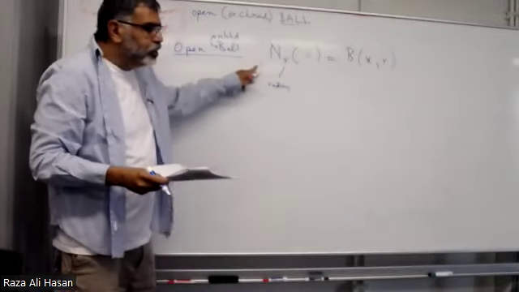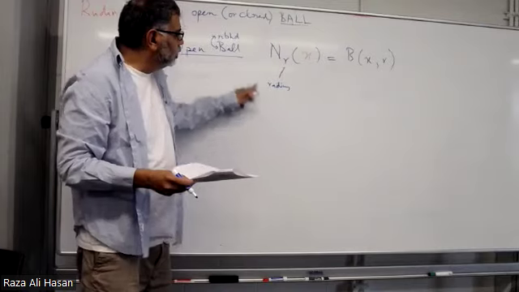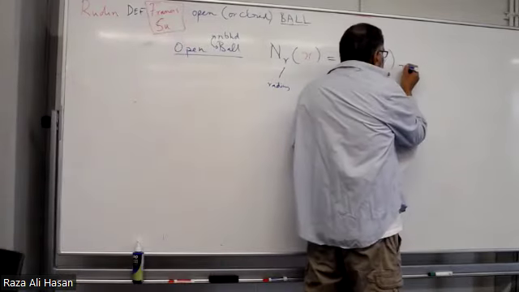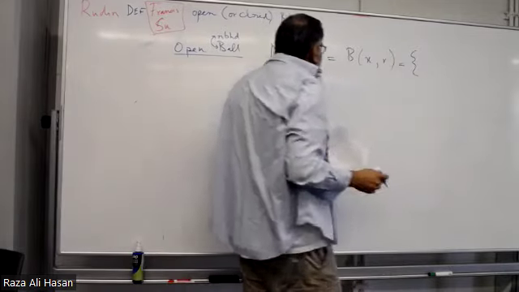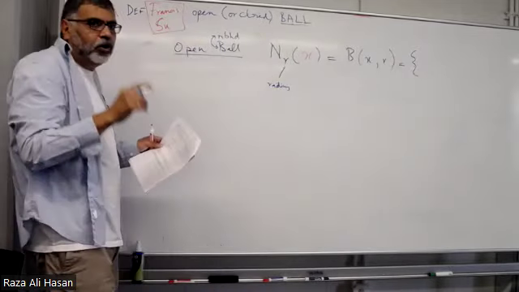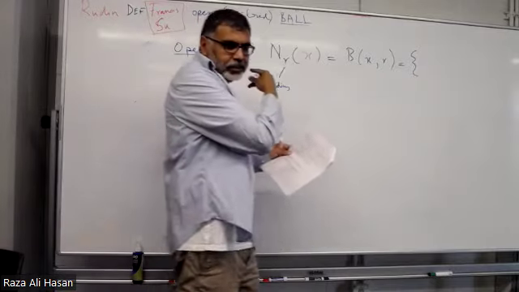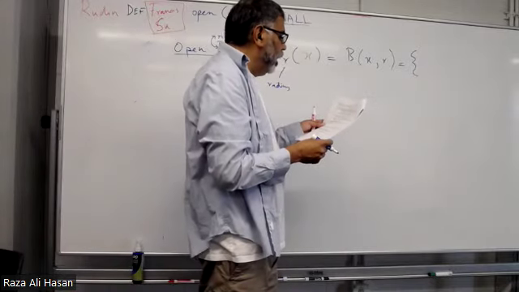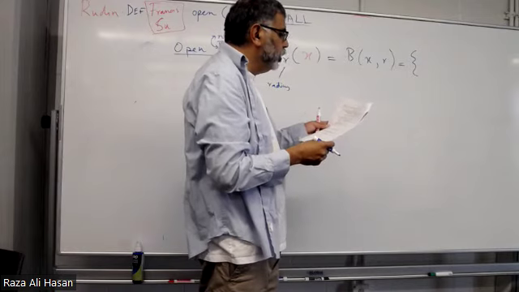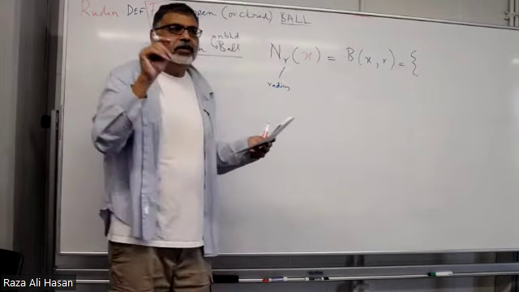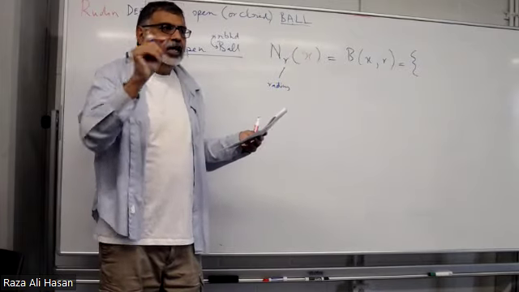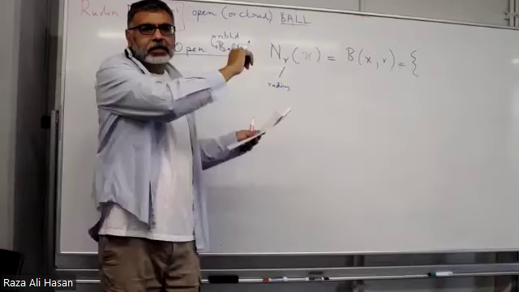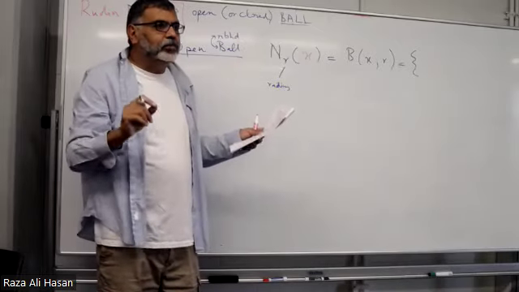We have a neighborhood centered on x with radius r. And what is this neighborhood? It is the set of all y's, just like we did just now, right? In the older definition, the open or closed ball was a set of y's that were within r distance of the center point x.